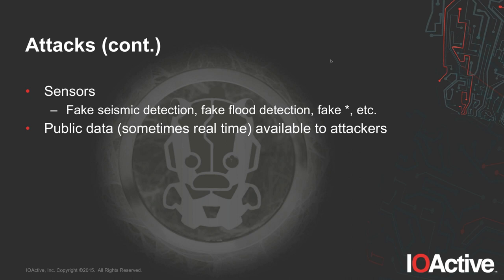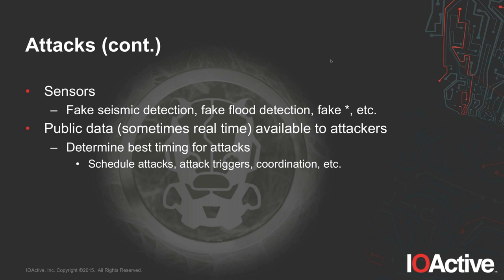Then there is a not very nice part about public data, because I understand that public data being available is really useful, so developers and companies can create applications that become useful for the citizens, but at the same time, this public data is available to attackers. So attackers can use this data to synchronize, to do really perfect attacks based on real-time data.